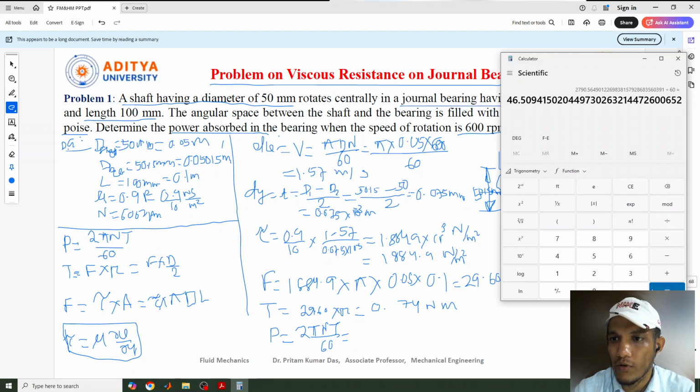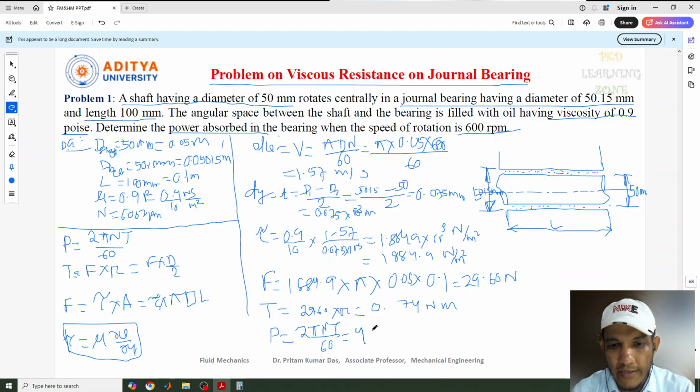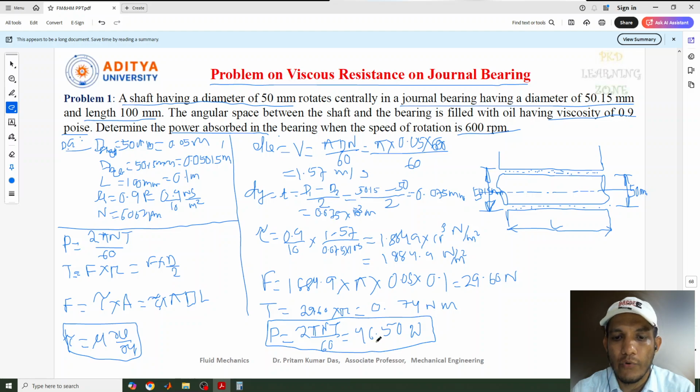Finally we get the power absorbed, that is 46.50 watt. So the power absorbed by this shaft is 46.50 watt.